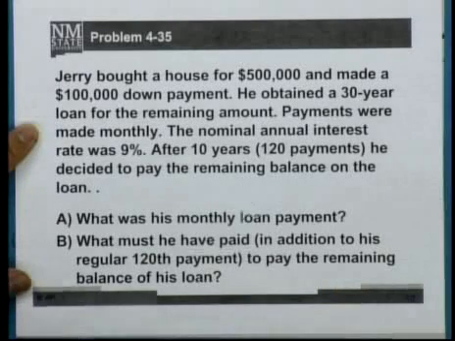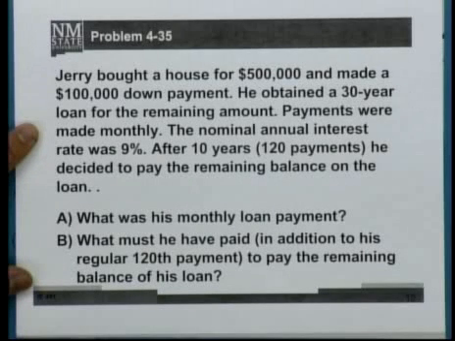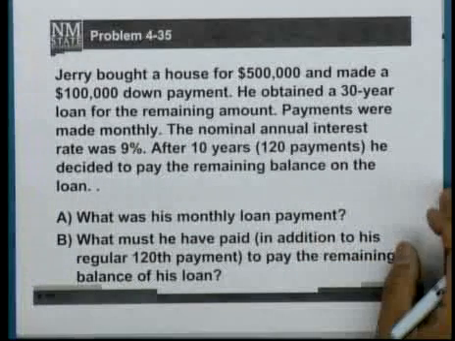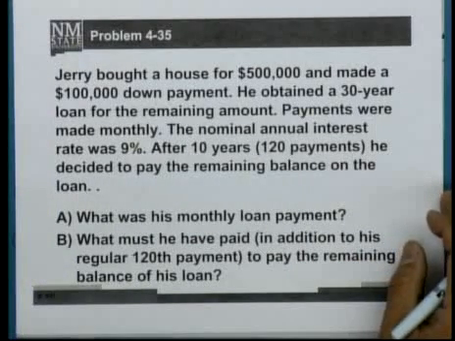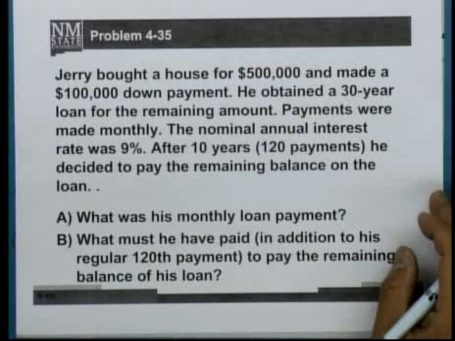He obtained a 30-year loan for the remaining amount. Payments were made monthly. The nominal annual interest rate was 9%. After 10 years, which means after 120 payments, he decided to pay the remaining balance on the loan.